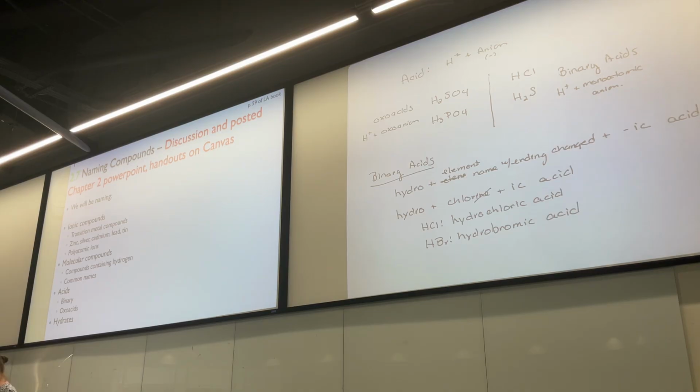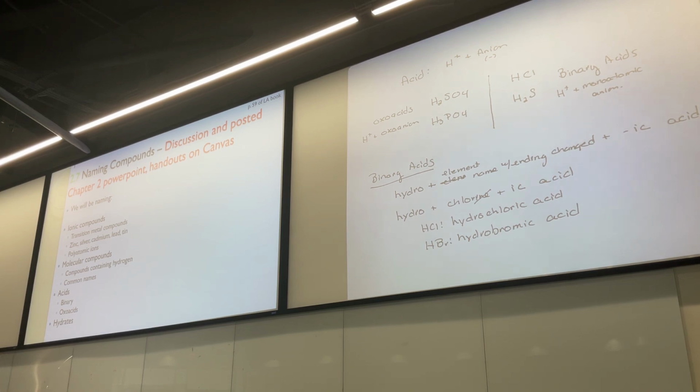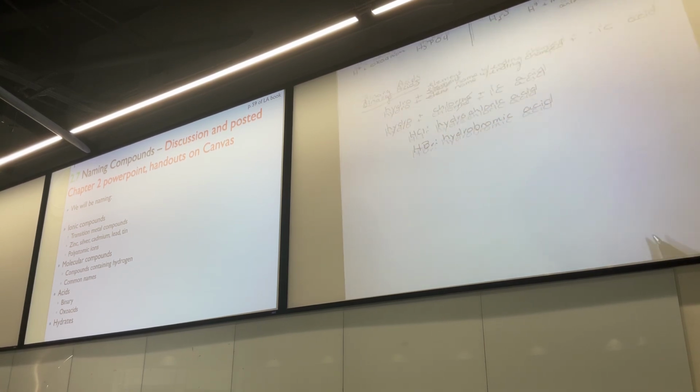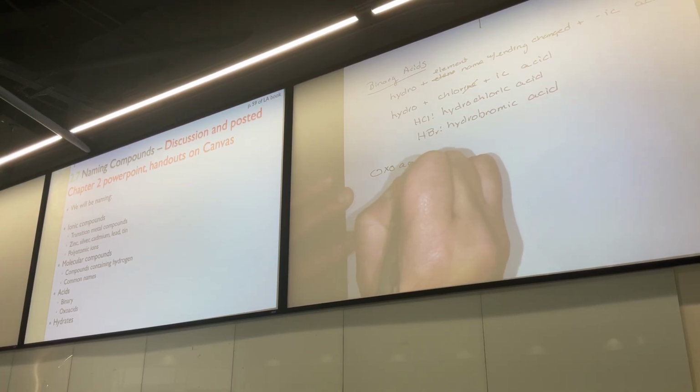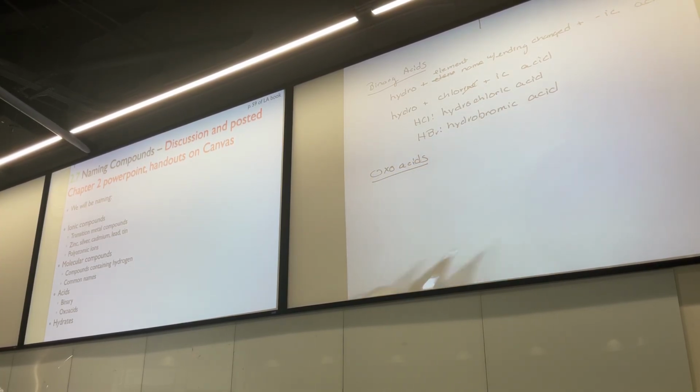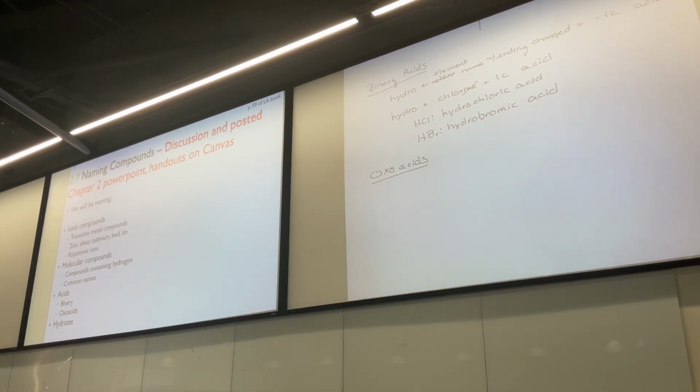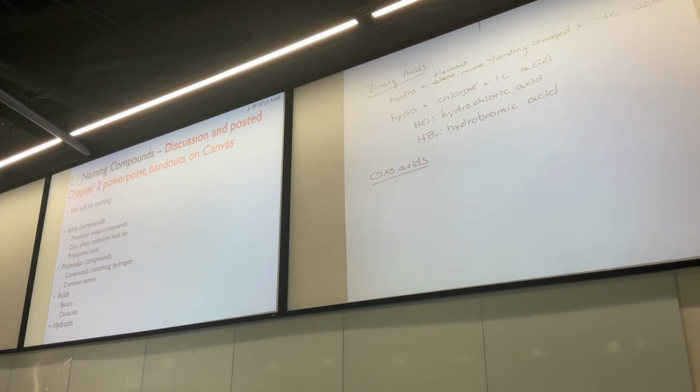For our oxoacids, it's extremely important that we actually know the name of the anion that we're using. So again, you probably wrote it on the page, but an oxoacid is an H plus an oxoanion, the polyatomic containing oxygen. Note that the process depends on the ending of the name of your anion.